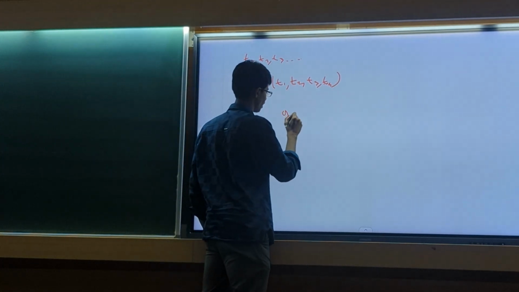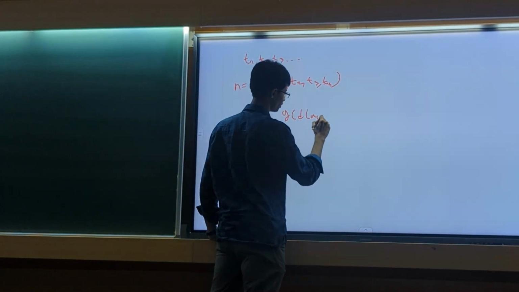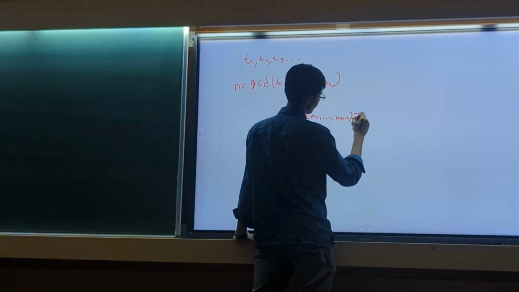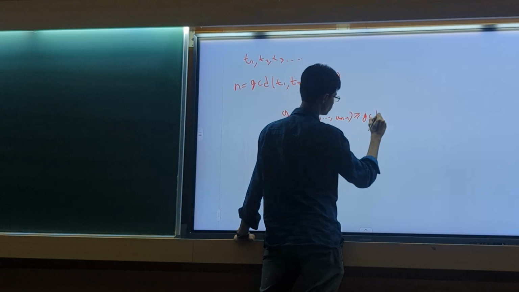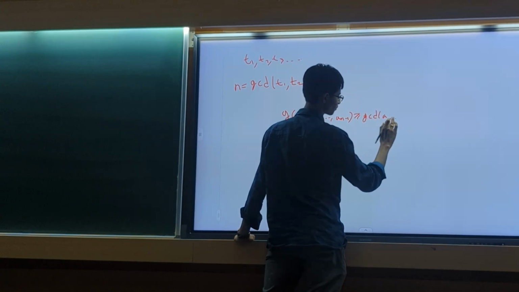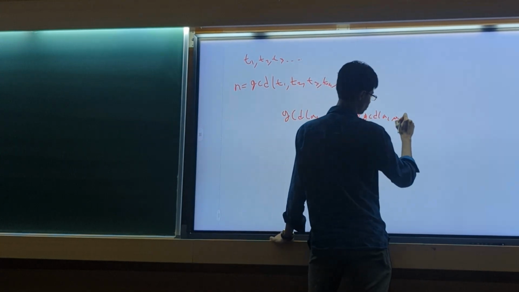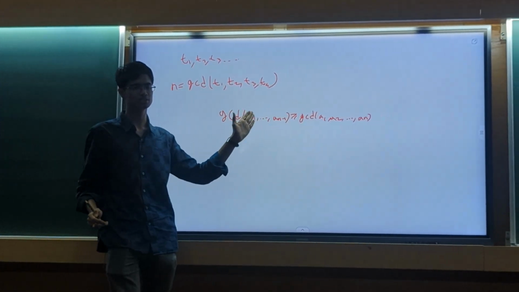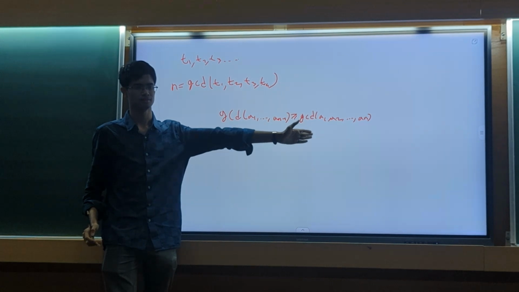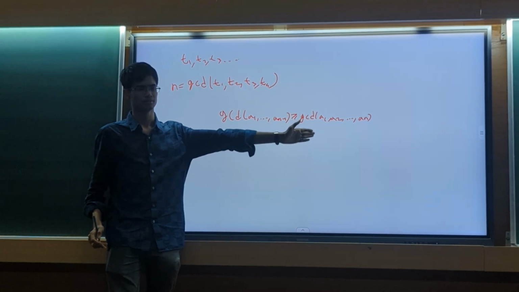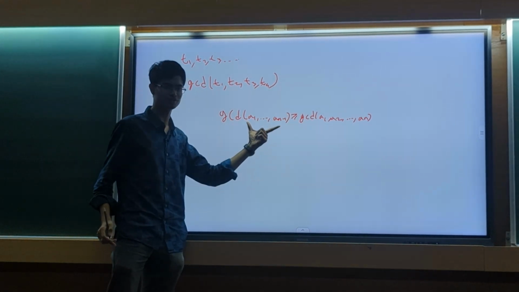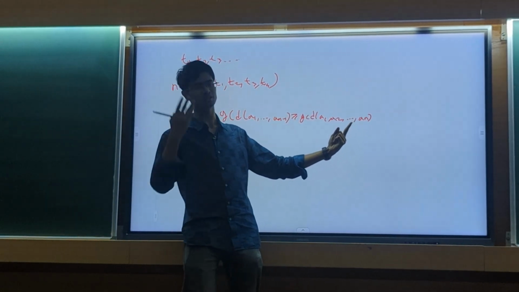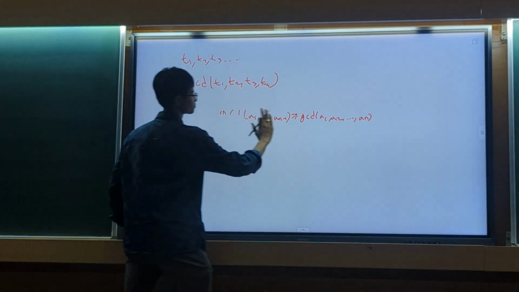If you have GCD of a1 to a(n-1), that can only be greater than or equal to GCD of a1, a2, up to an. If you add more things, the GCD can only ever decrease. Because it has to be a common factor of all of these, and if it's not able to divide one, the GCD will decrease. GCD will never increase.